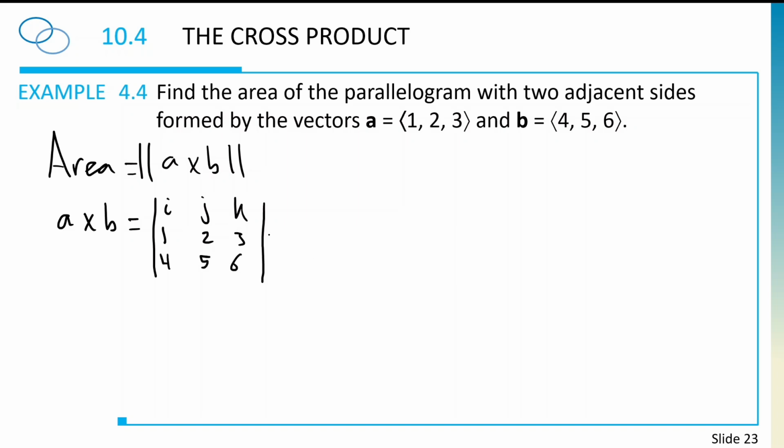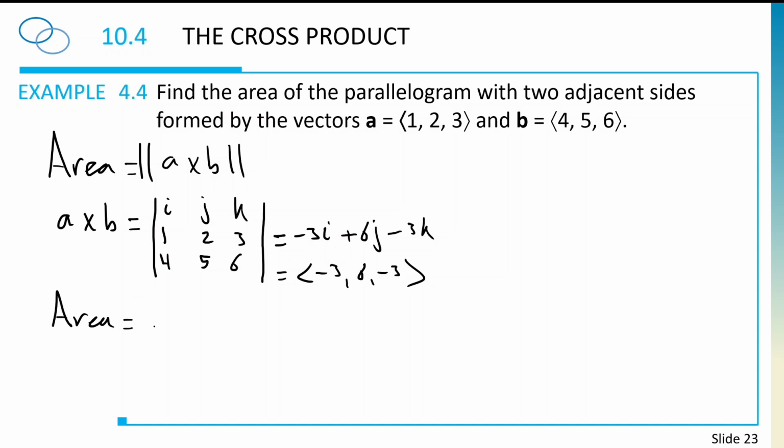This is exactly the same question that we've done before. So their cross product equals negative 3I plus 6J minus 3K. I could write it in the other form of the vector, negative 3, 6, negative 3. Now, for the purpose of the area, I need to find the magnitude of this vector.